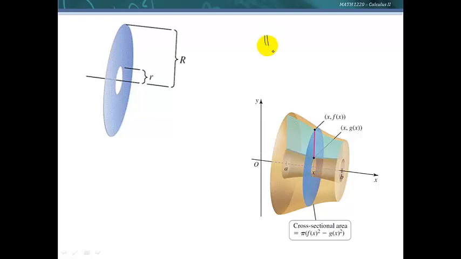So we had pi f of x squared minus pi g of x squared. This is the hole, and this is the disk. So we take the difference there, and we have the area of that washer, and it's very common to factor the pi out in front.